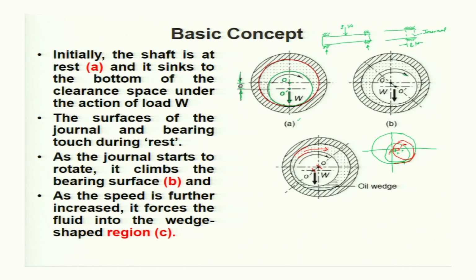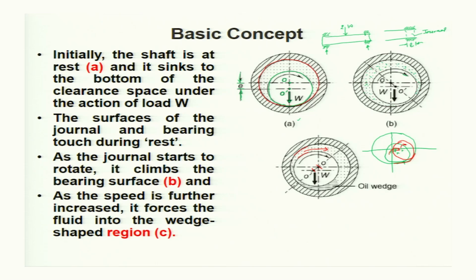Due to this movement, a wedge shape is created in the clearance space, which is shown by the dotted points. This is the clearance space where lubricant is filled.